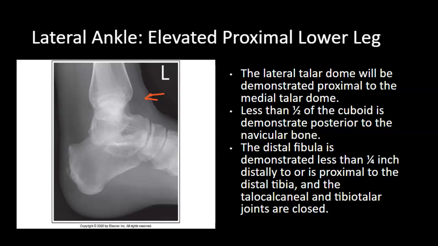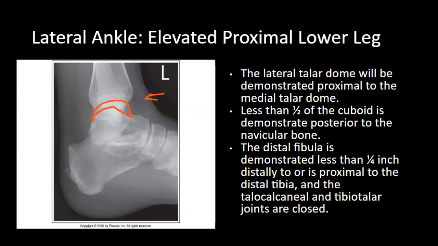One is proximal to the other. In this projection, I can see that the medial talar dome is sitting inferior to the lateral talar dome. Our lateral talar dome is superior. This should indicate to you that the proximal lower leg, which is the knee, is higher than the ankle.